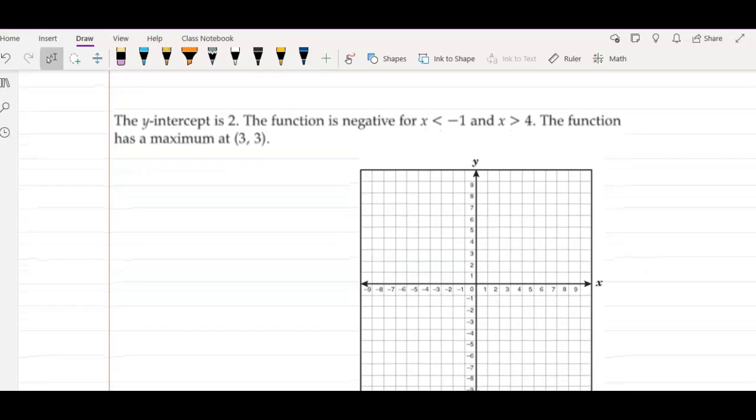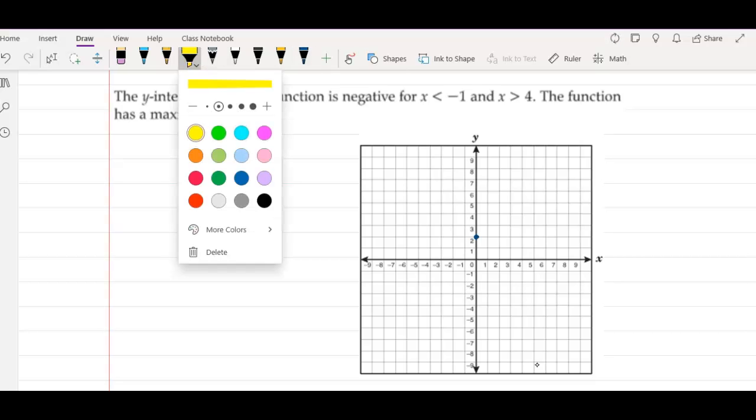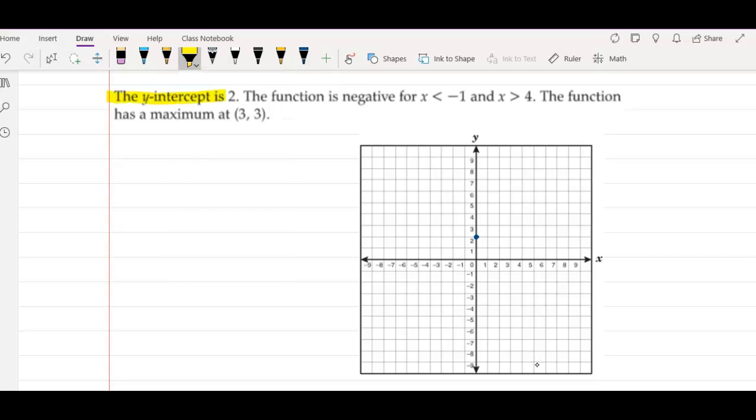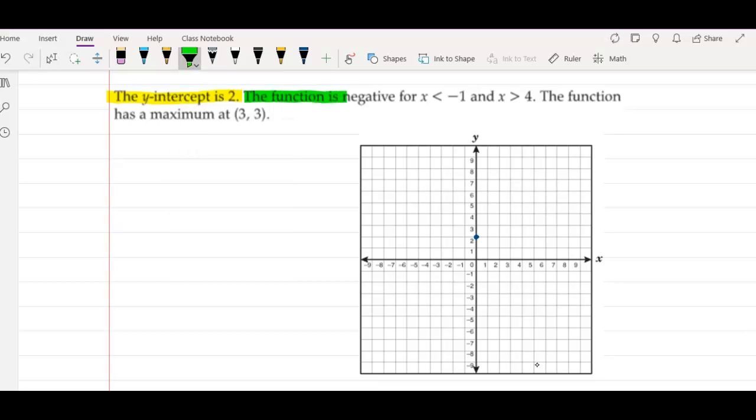Let's try another one. The y-intercept is 2. I'm going to put a point right here. It's my first piece of information. The next piece of information is that the function is negative for x less than -1. That means that when x is -1, it's going to cross over.